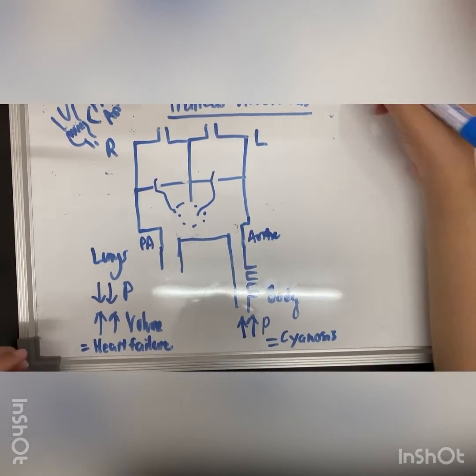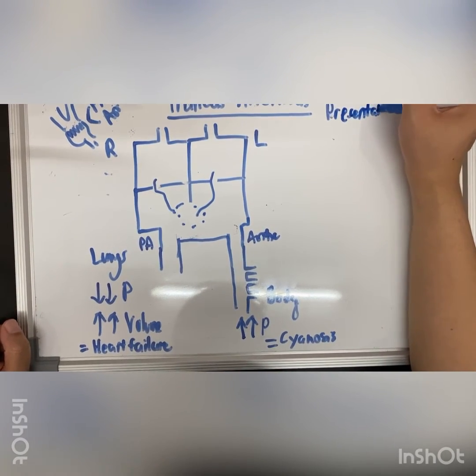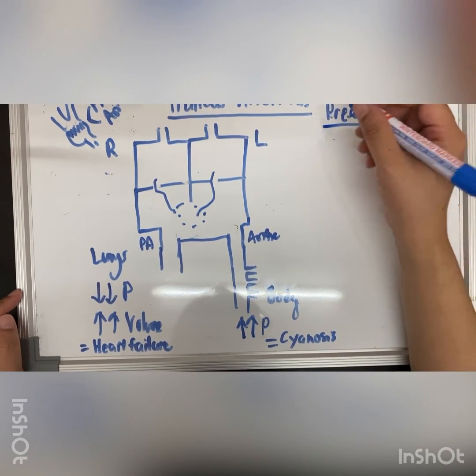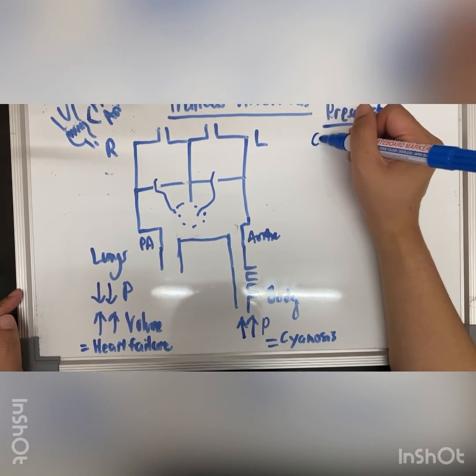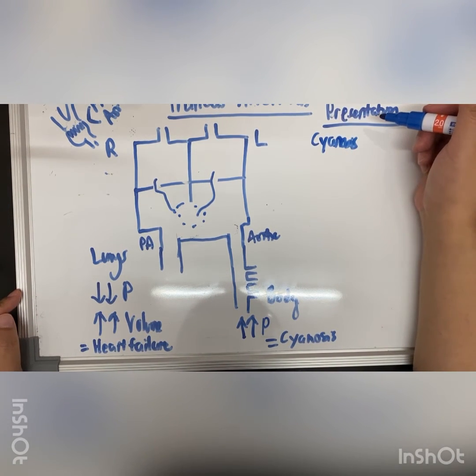So what is the presentation of a patient with Truncus Arteriosus? Patients usually present with cyanosis during the neonatal period.